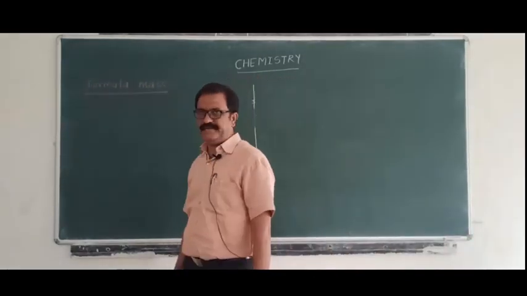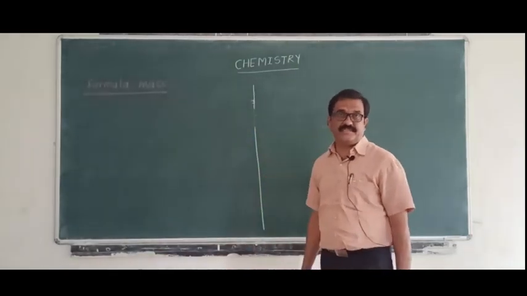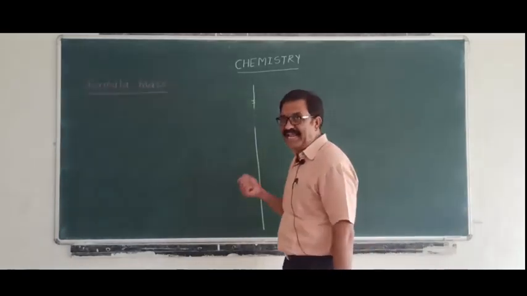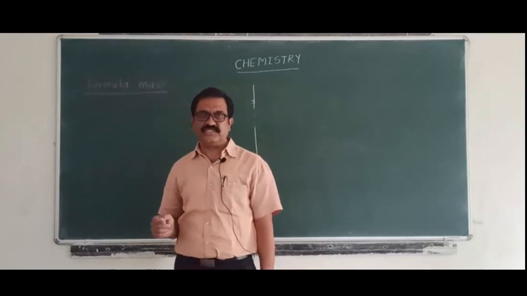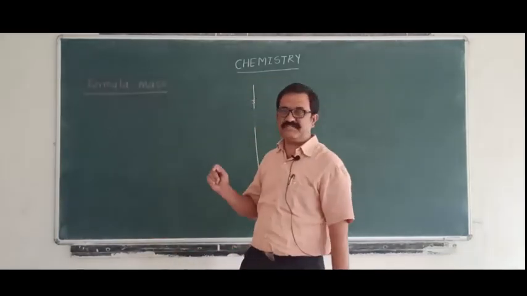In sodium chloride, there is attraction between Na+ and Cl-, that is, cationic and anionic entities are present inside it.